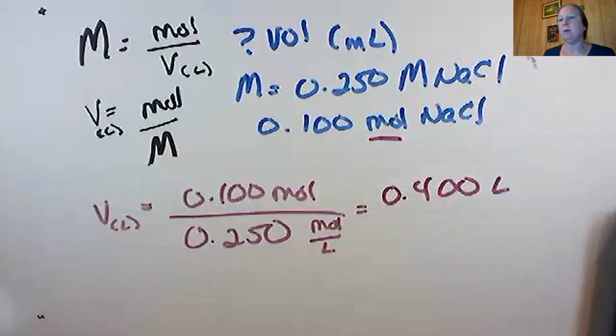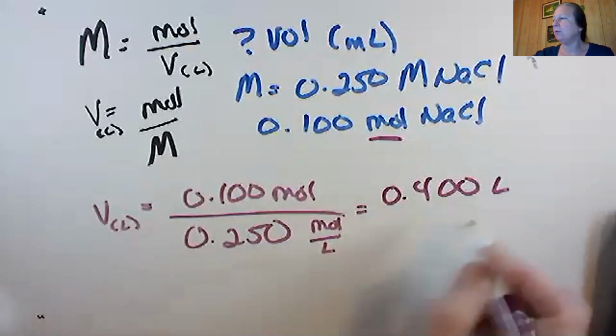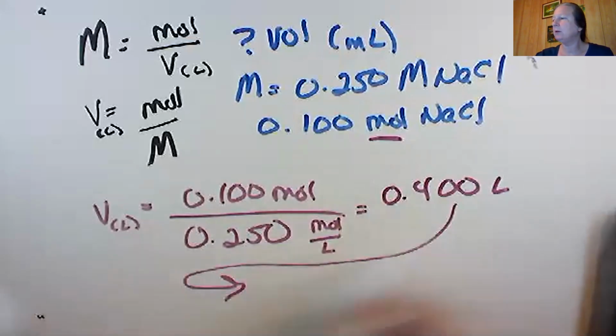Now you have to say, okay, great, but it asks for them in mils. So I have to convert this to milliliters. So put what you don't want on the bottom, put what you do want on the top. For every 1 liter, I have 1,000 mils.